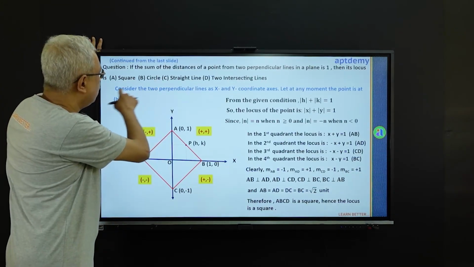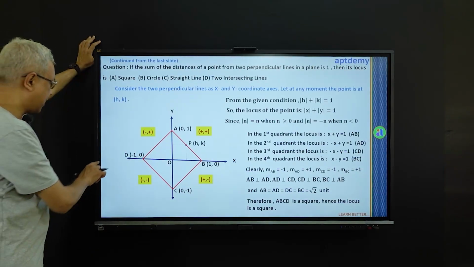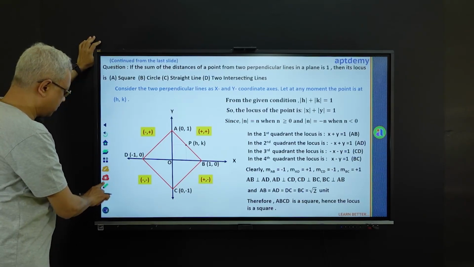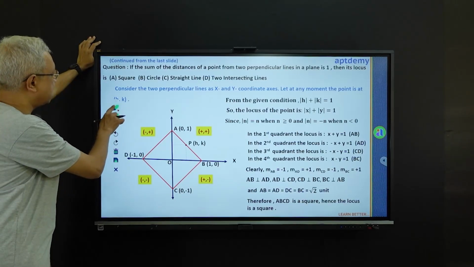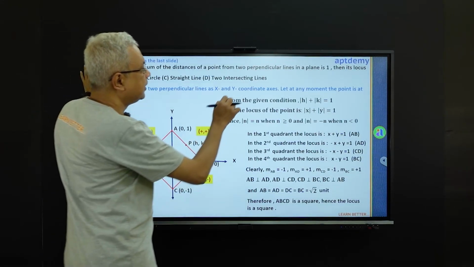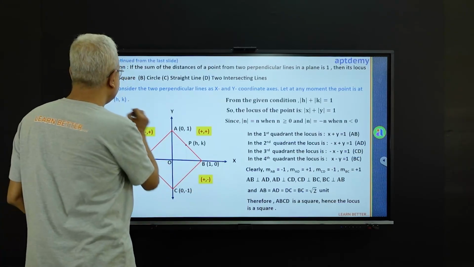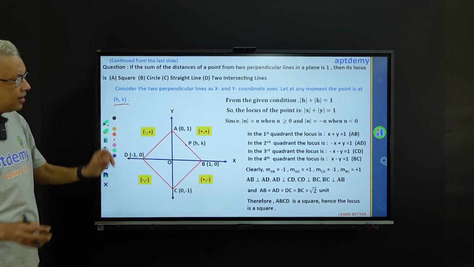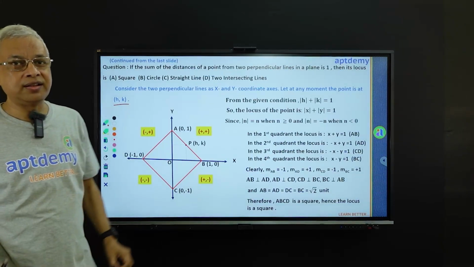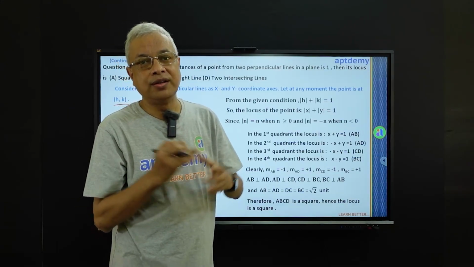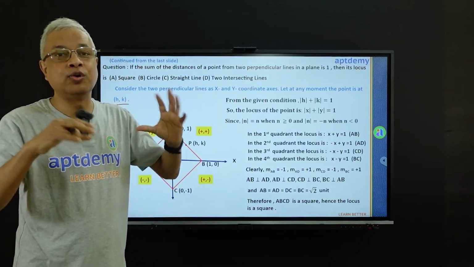So we have considered the two perpendicular lines as the x and y axis of the coordinate system, which is lying in this plane. Now at any moment the point is at (h, k), I assume. The point is moving in this plane, but under a condition that the sum of the distances of the point from the coordinate axes is always 1.